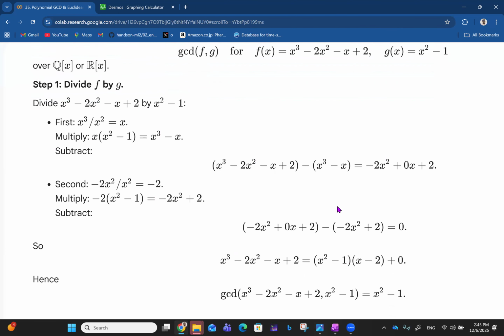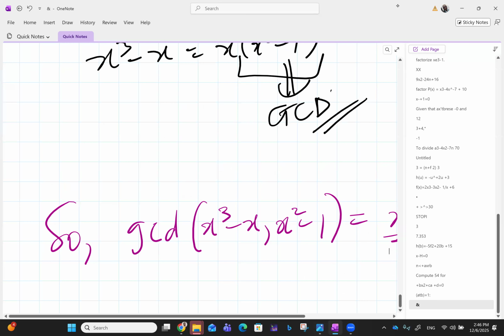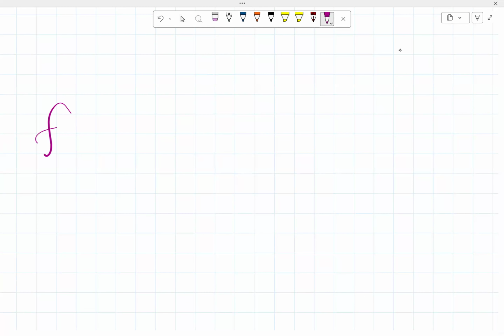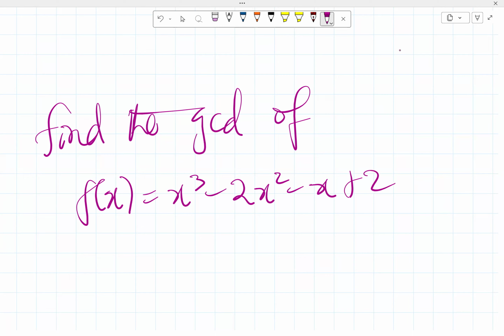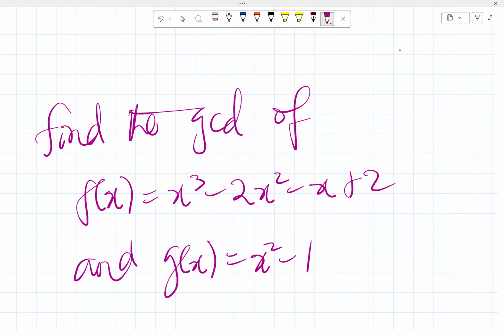So you want to find the GCD of that. Let's go again. Find the GCD of f of x equals x cubed minus 2x squared minus x plus 2, and g of x, which is equal to x squared minus 1.